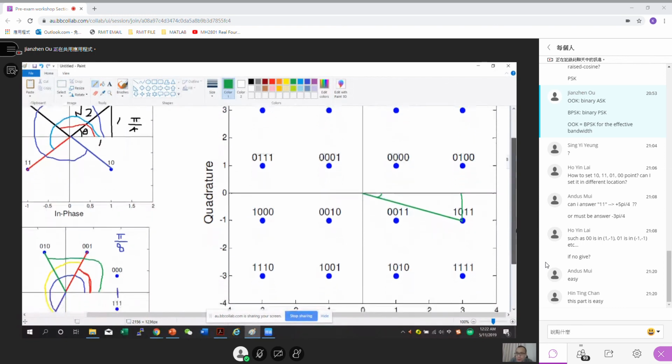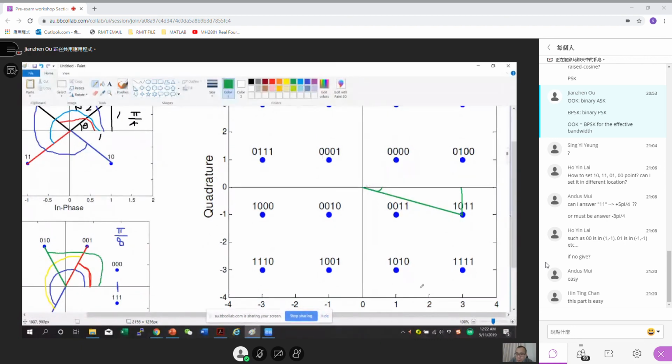We know the magnitude from here to here is 3, and the magnitude from here to here is 1, the absolute magnitude.